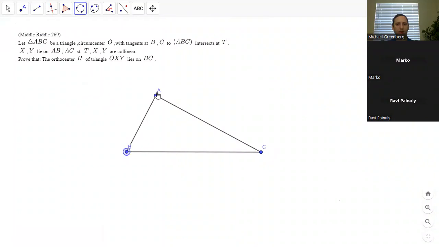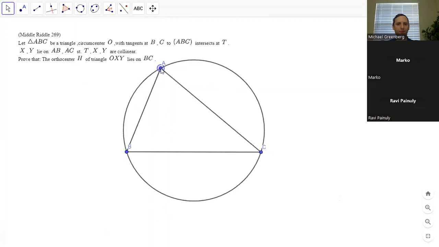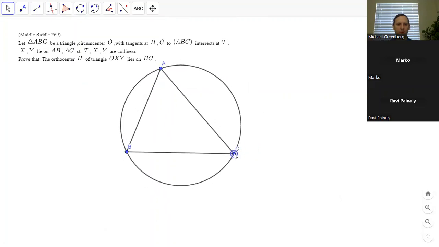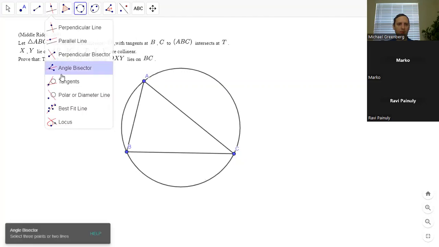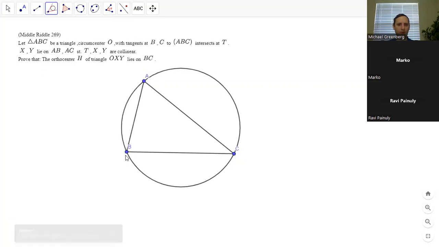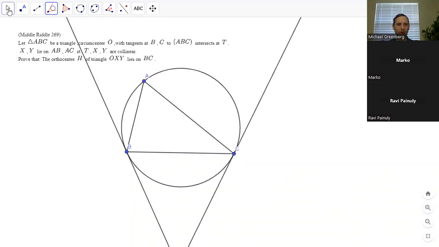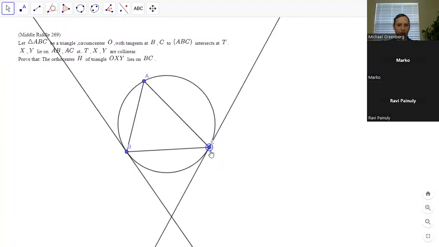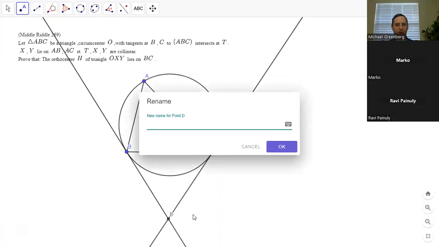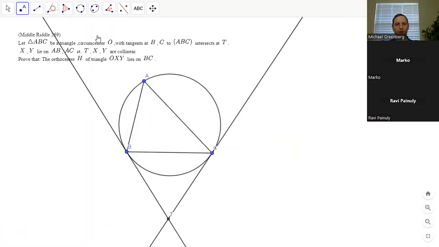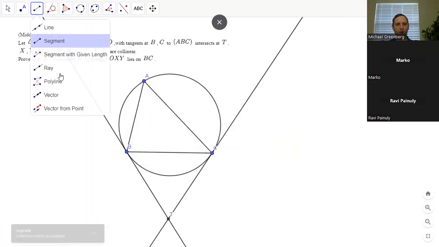And they intersect at T. So we draw the tangents, 1 tangent, 2 tangent, and they meet at T. And then X and Y are any 2 points on AB and AC, so that TX and Y are collinear.